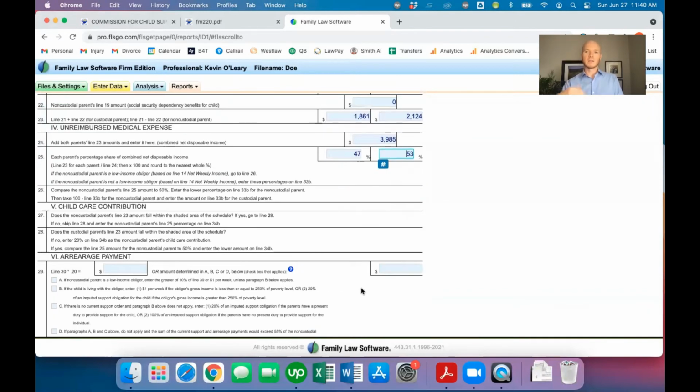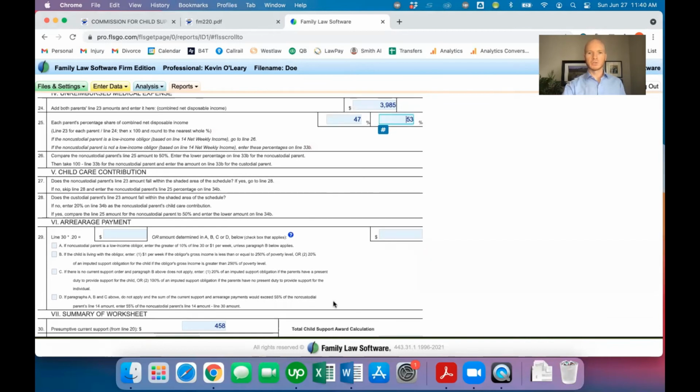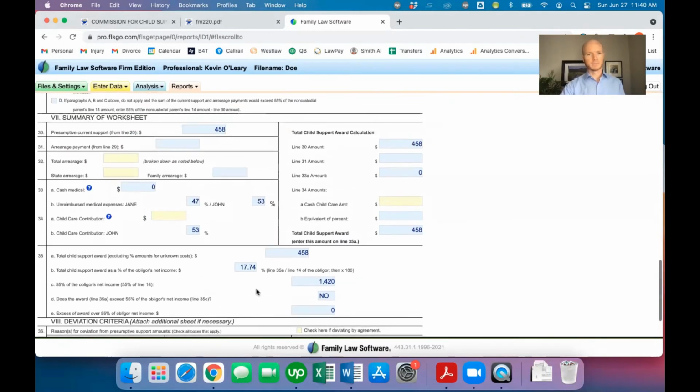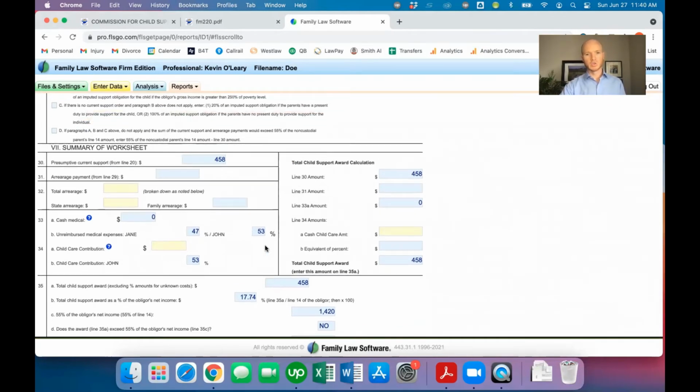So because that's the net income after child support, that means that John will pay 53% of work-related childcare expenses, and Jane will pay 47% of work-related childcare and unreimbursed medical expenses. And again, that's above and beyond the weekly child support amount. So that's kind of how the child support is calculated, and the additional unreimbursed medical expenses, et cetera.